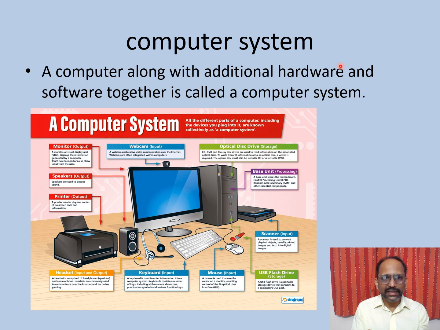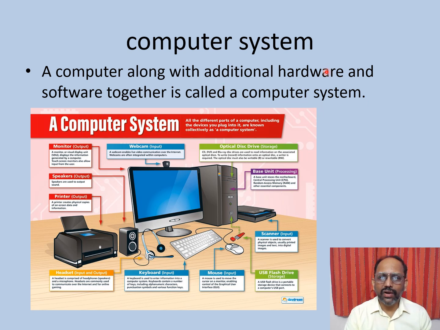There are so many other components involved in the process of a computer system. Therefore, a computer system is a computer along with additional hardware and software together. Additional hardware and software together is called a computer system.